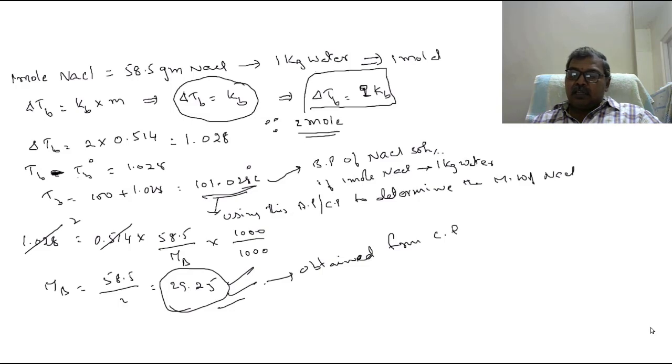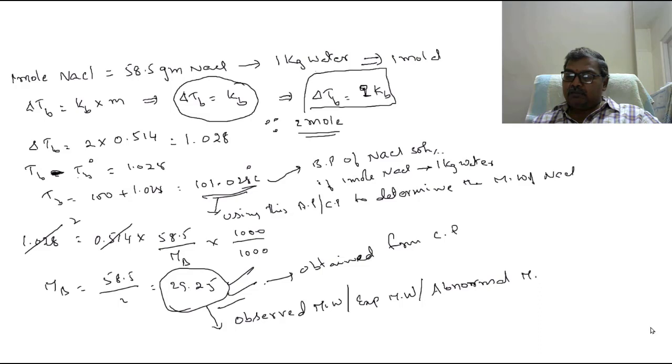So this molecular weight is called observed molecular weight, or experimentally determined molecular weight, or abnormal molecular weight.